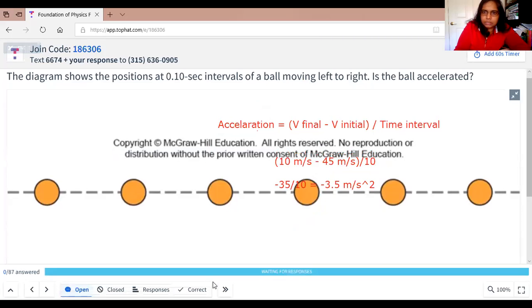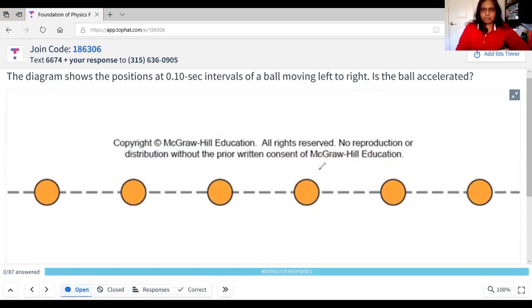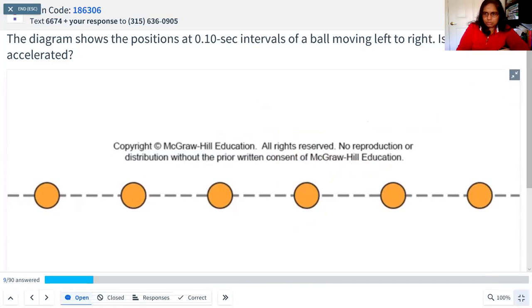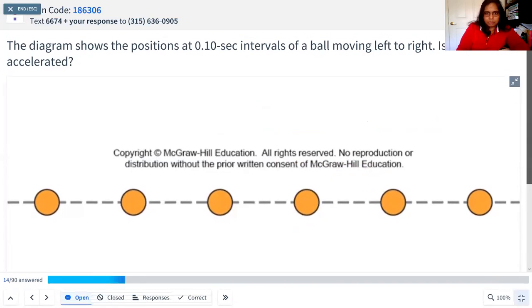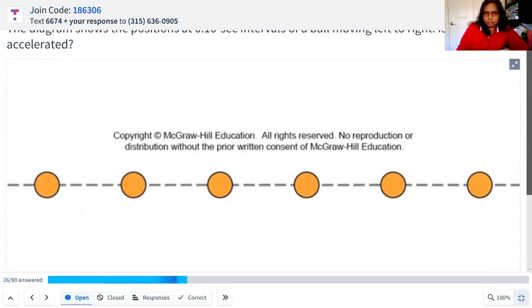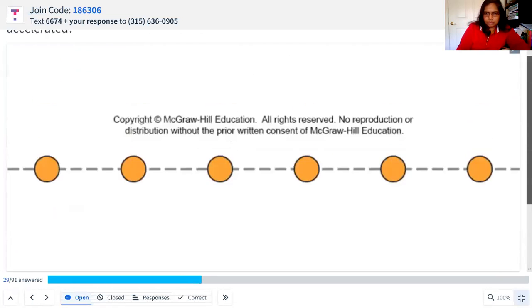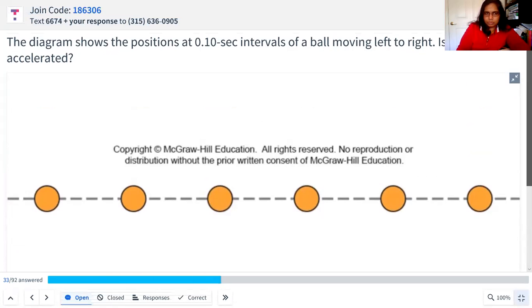Let me clear the writing. Okay, here you go. All right, so this is a motion diagram.